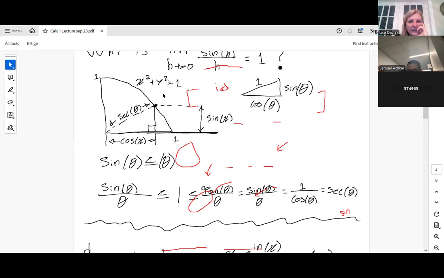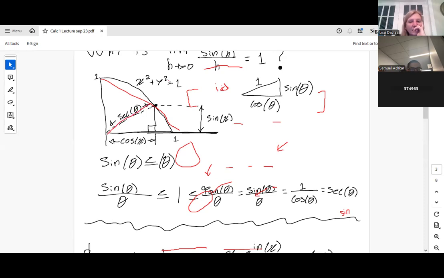Okay, so x squared plus y squared equals 1. So this whole distance across here is 1. From here to here, all the way down is 1, like the hypotenuse of your triangle. I guess you're using it here. Yeah, okay, so that triangle.